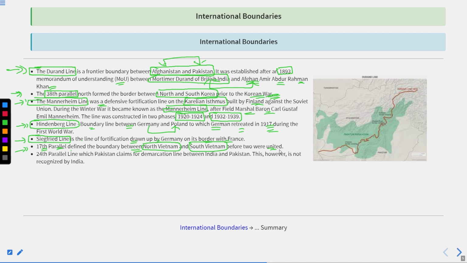So at the time, we had two different nations, North Vietnam and South Vietnam, and the boundary line between them was the 17th parallel. But with time, North Vietnam and South Vietnam merged, and now we have one nation only, known as Vietnam. Got it?